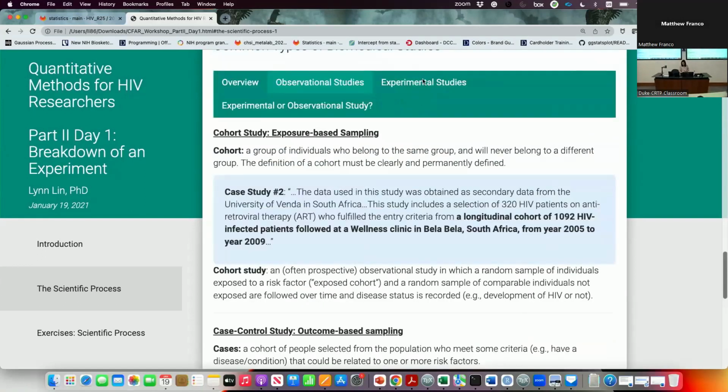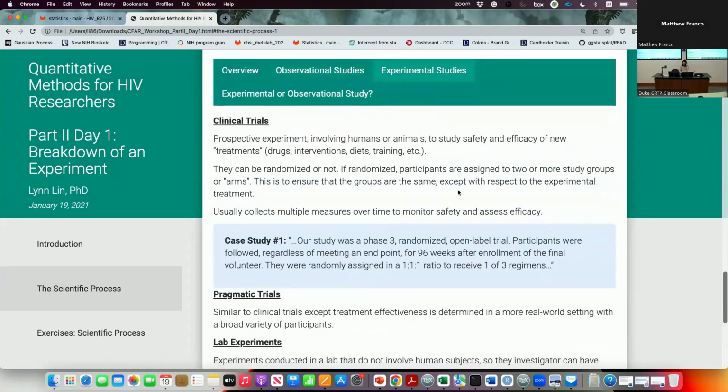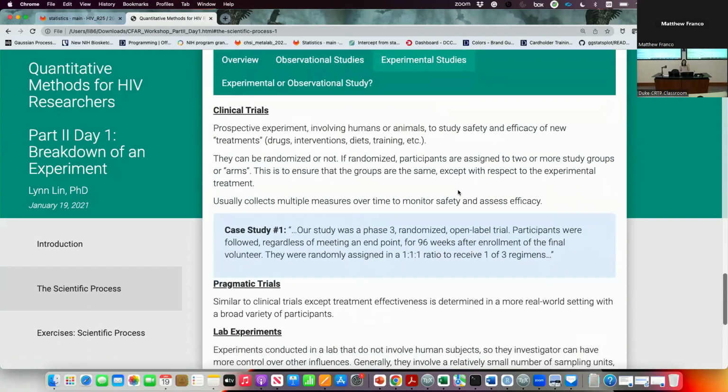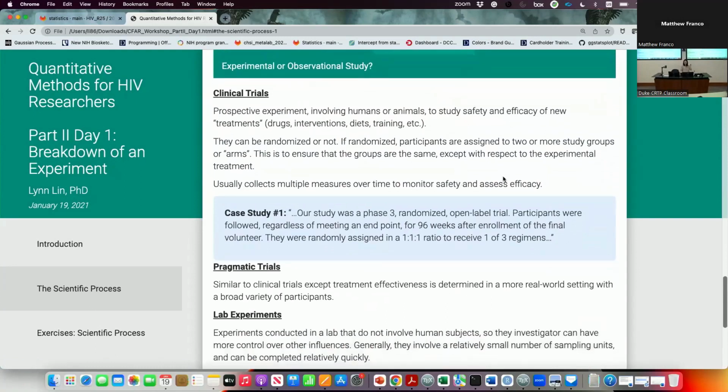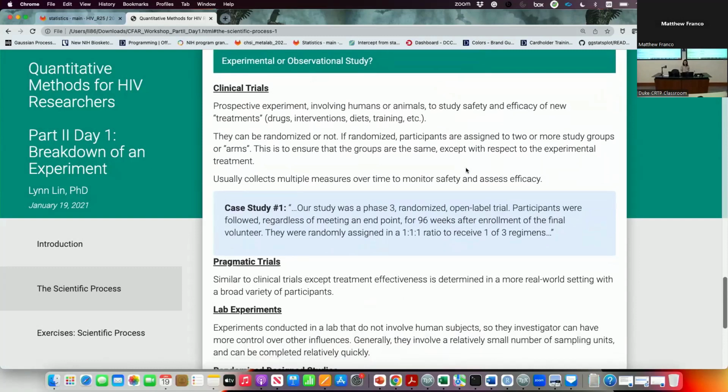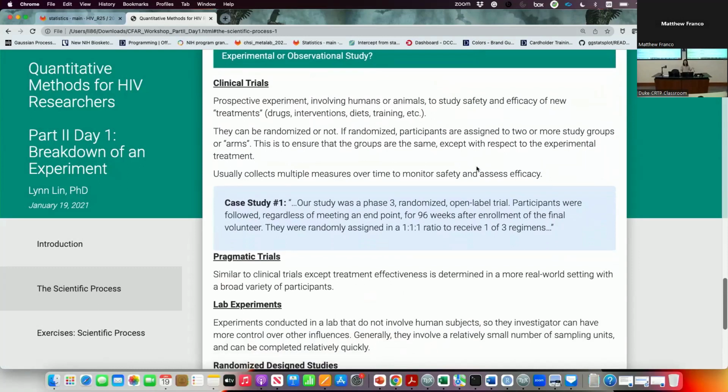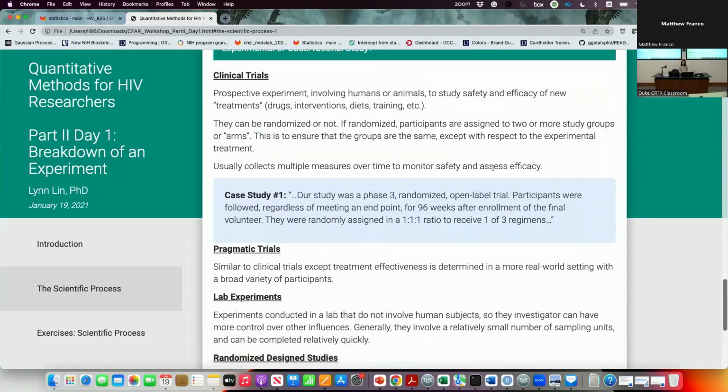So now the experimental studies. Obviously the most important is the clinical trials. It involves either humans or animals, to study the safety and efficacy of a new treatment. And they can be randomized or not. If it's randomized, then the participants are assigned to at least 2 study groups, or different arms.